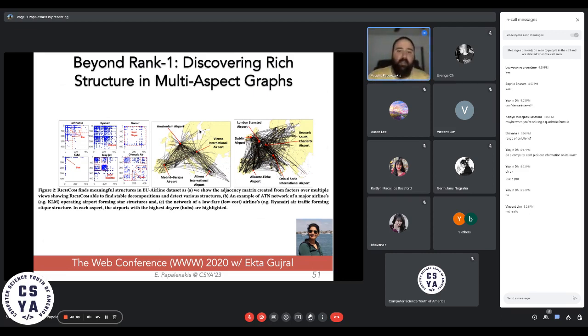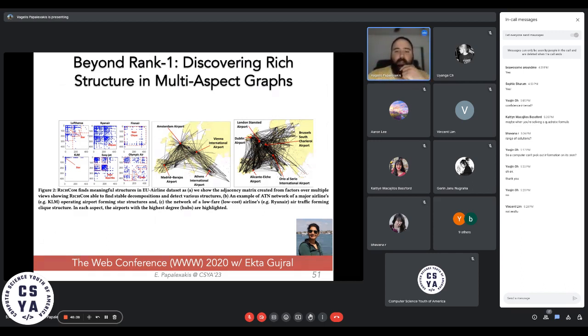If you have big hub airports for major airlines, then what you get is a star-like structure, meaning that you have, let's say, Amsterdam, and a bunch of KLM flights go to Amsterdam, but then from there you have to go off to, let's say, Madrid or Athens or Vienna, right? Or you fly to Paris, and then from Paris you go to other places, right?